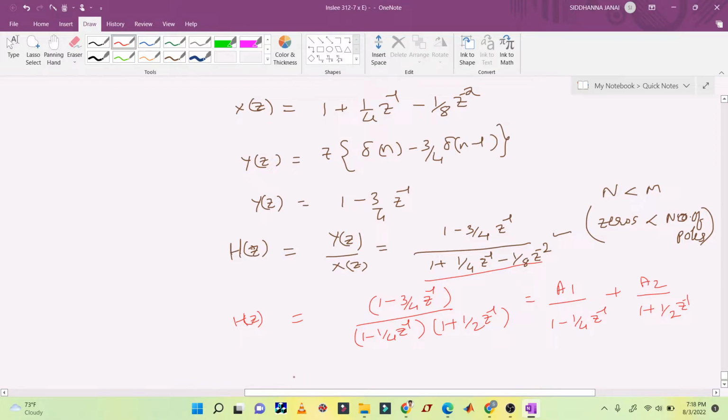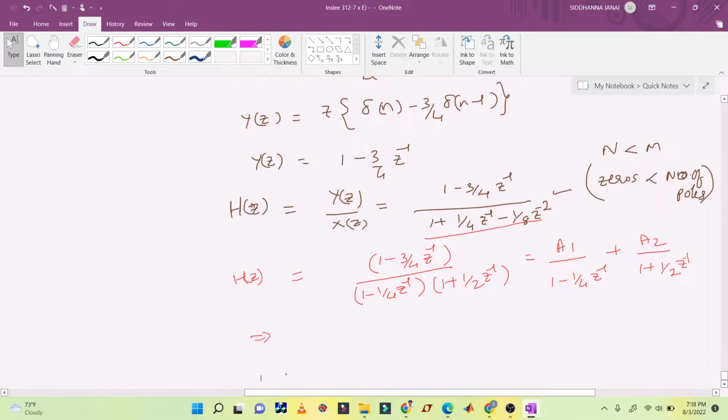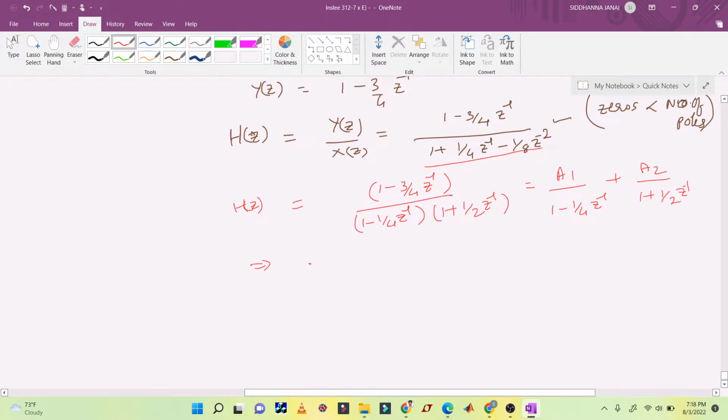Now I hope all of you know how to find the a1 and a2 values. First we'll substitute z inverse is equal to 4, or z is equal to 1 by 4, and we'll get one value, that is a2.